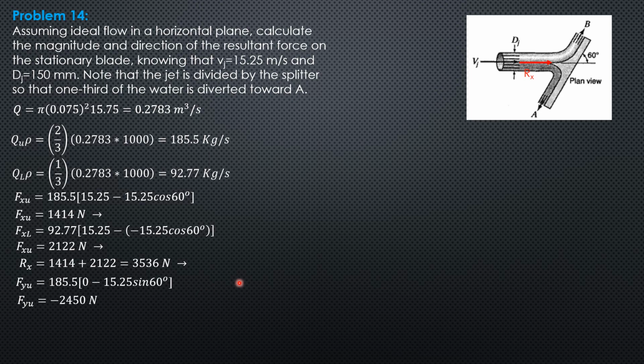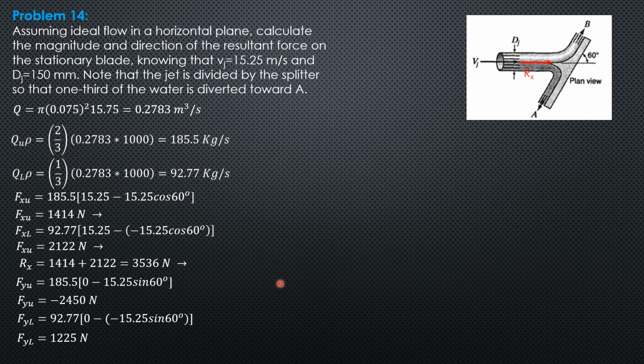Then Fy lower is 92.77 times V1y, which is 0, minus, because V2 lower is going down, it is negative, 15.25 sine of 60, the vertical component. So it is positive. So it is 1225 newtons.